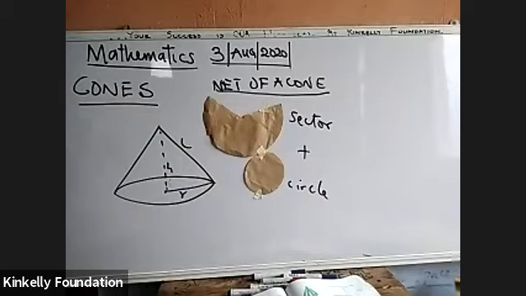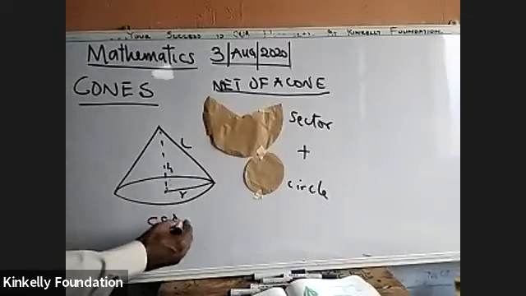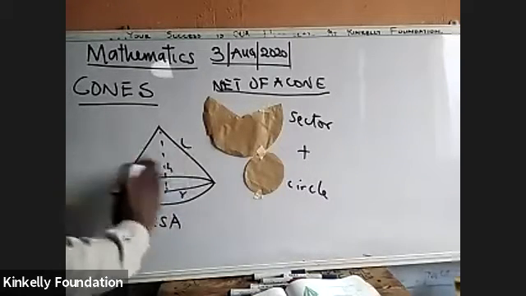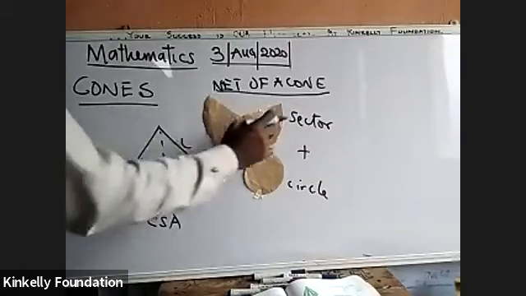Now, when you consider this cone, the curved surface area of a cone, CSA, is this part, which is what? This sector.